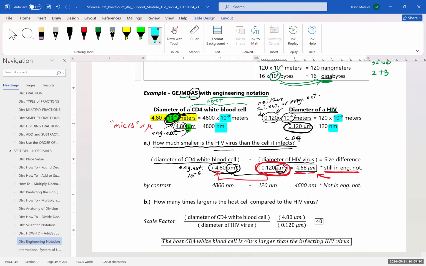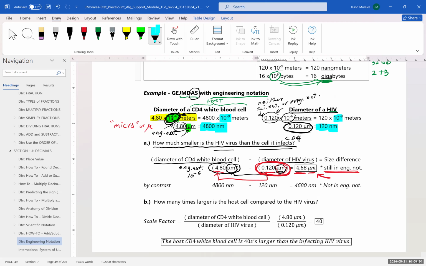So in order to deal with this in nanometers, it breaks the convention for engineering notation for the white blood cell, but it ends up being okay for the HIV virus.